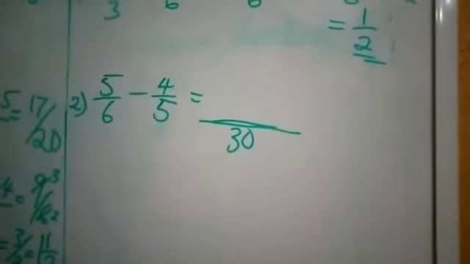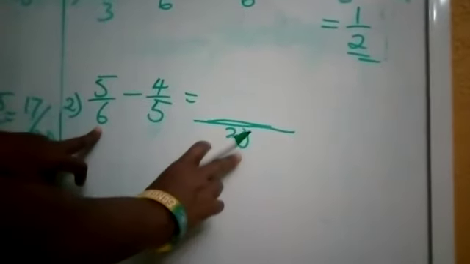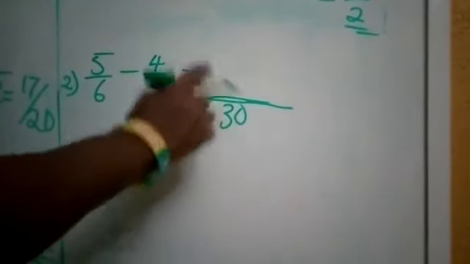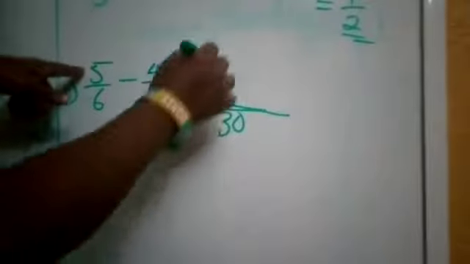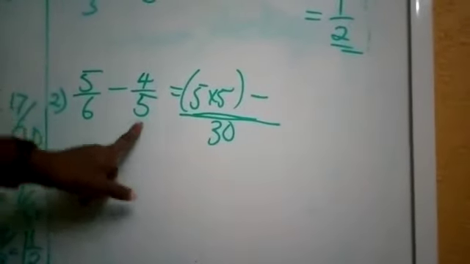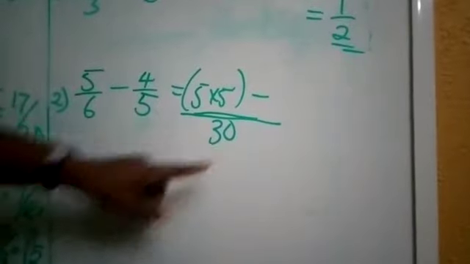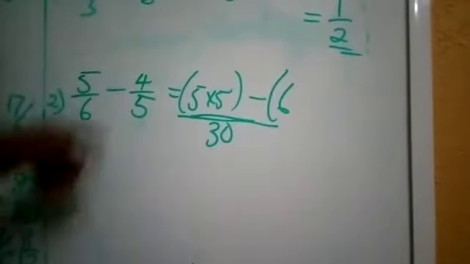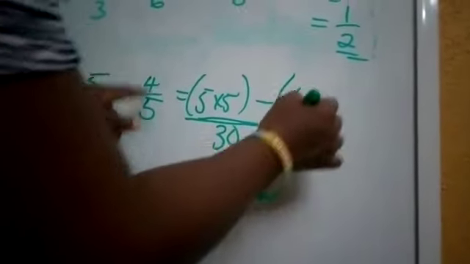All right, so now 6, the denominator, divide this one, will give us 5 times. We have 5 up here times 5 minus the denominator into this will give us 6 times 4.